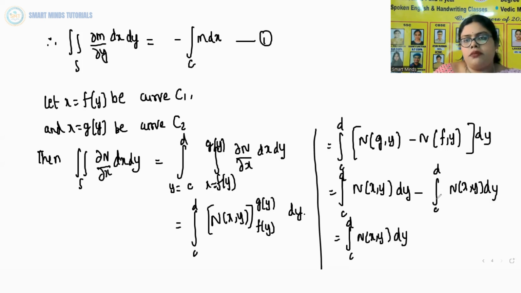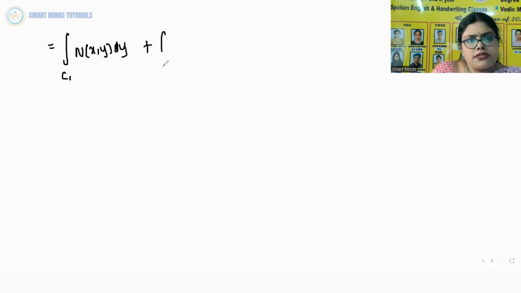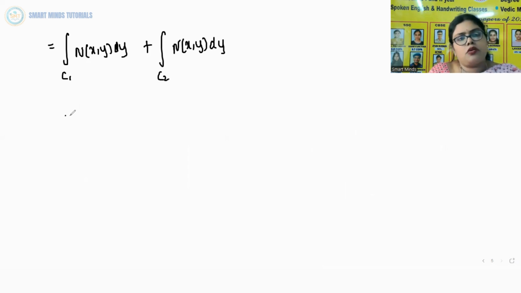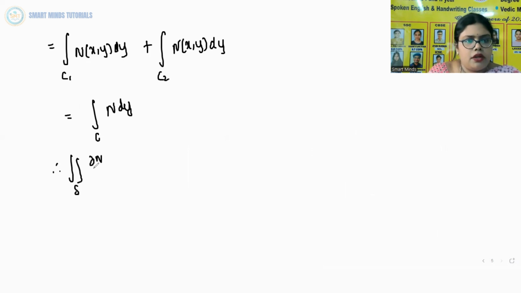Now if we interchange the limits, we can take a minus. So minus into minus will become plus, d to c of N dy. Now how can we write? That is equal to the curve integral over C1 of N dy plus the curve integral over C2 of N dy. Curve 1 plus curve 2 will give you one single curve, that is N dy. Therefore, the surface integral of ∂N/∂x dx dy is equal to the curve integral of N dy.